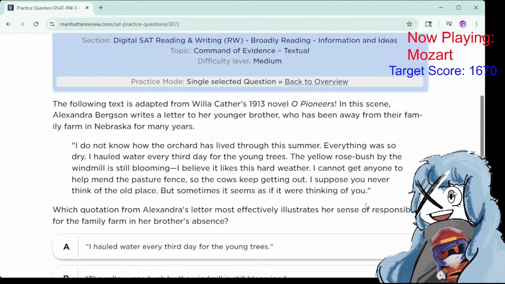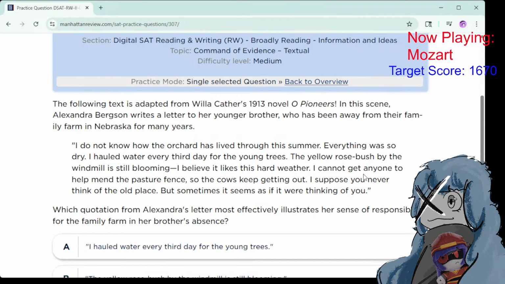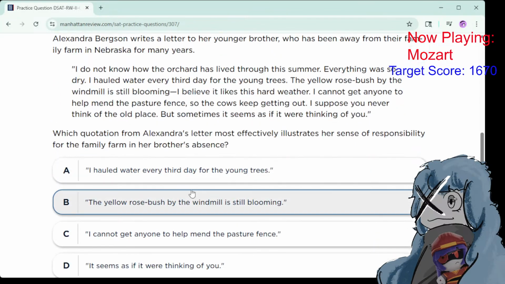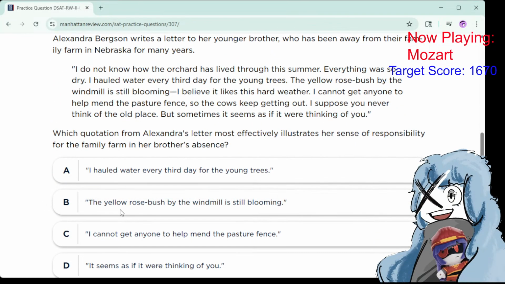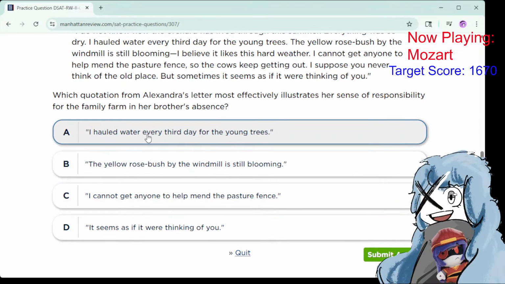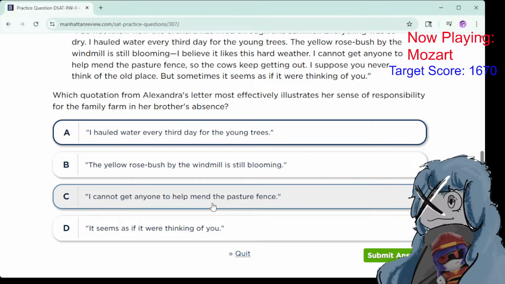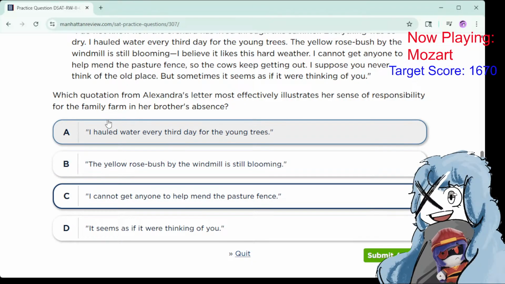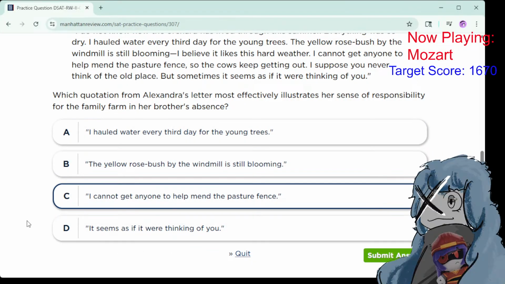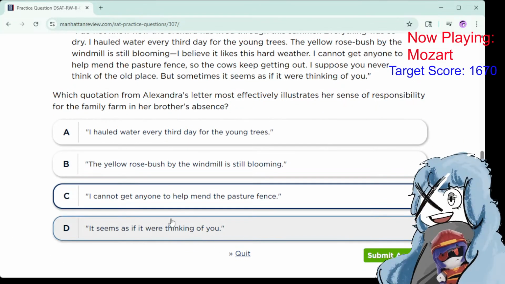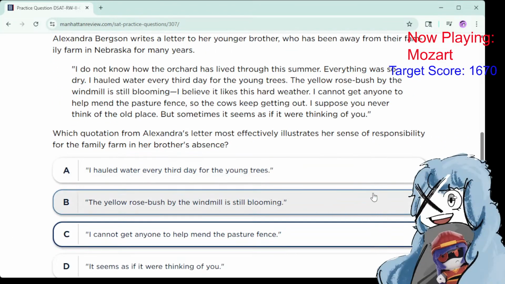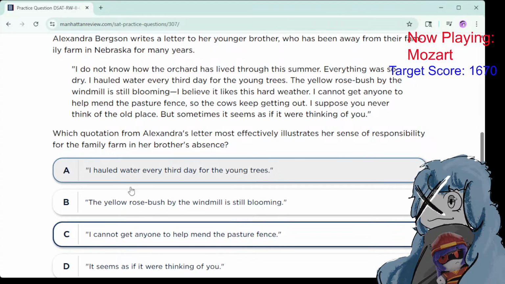Her sense of responsibility. It's not B. A is probably it. More C though. D is like reminiscing of you, like, oh, we're thinking about you. It's not really about her sense of responsibility.